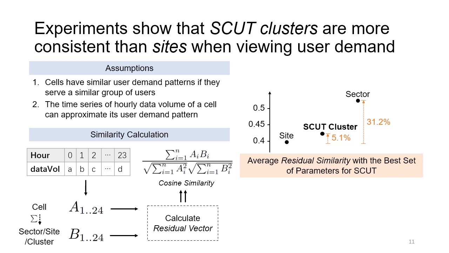Looking at the chart on the right, it's clear that SCUT clusters outperform the operator-defined cell sites if we set a good set of parameters. Also, sectors have the best residual similarity. And this actually kind of confirms our assumption 1, because cells within a sector all face the same direction, so they are naturally expected to serve a very similar group of users.